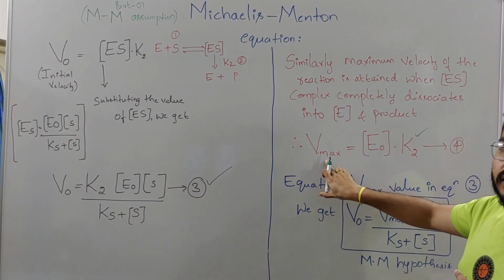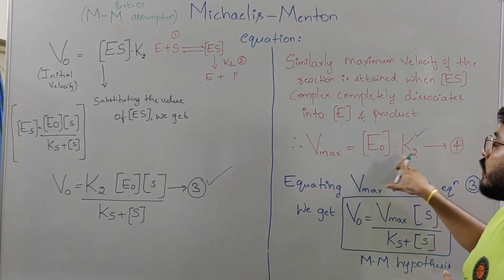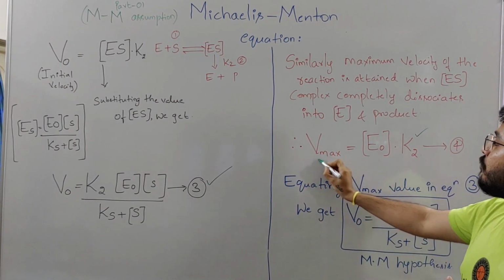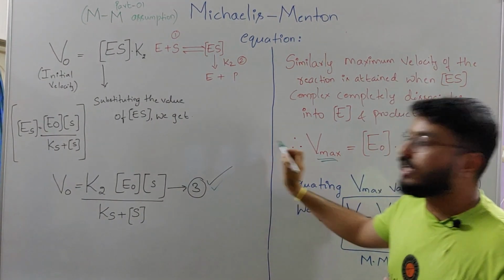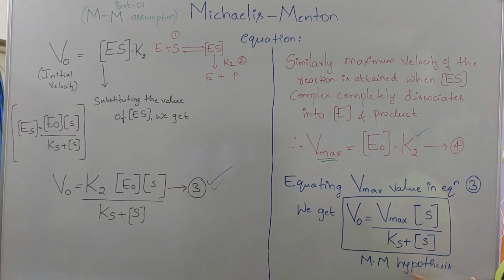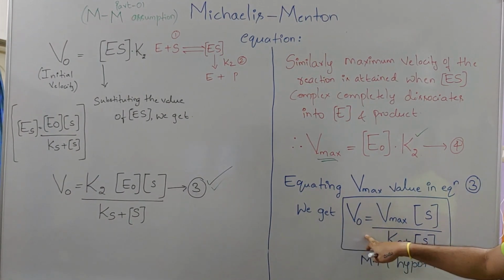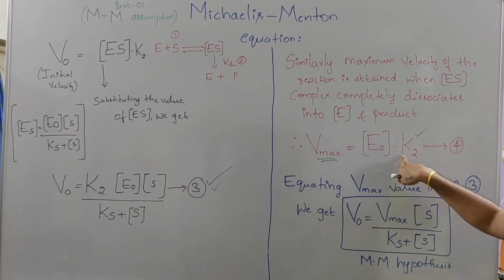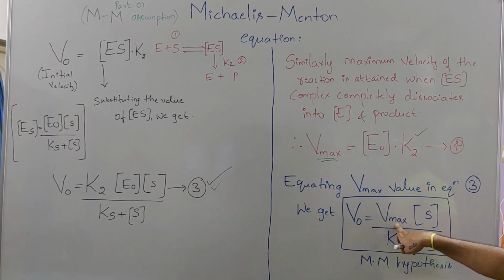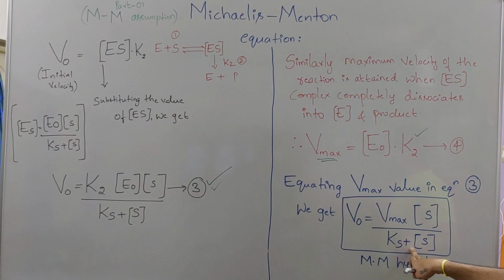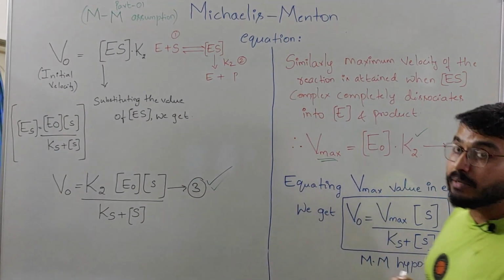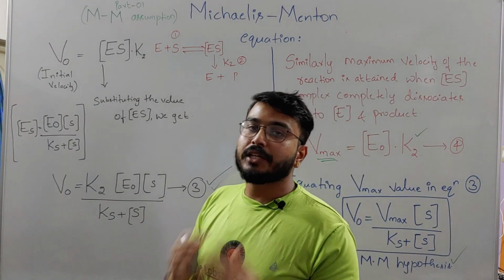Therefore, Vmax is equal to E0 into K2. Now, equating the value of Vmax in equation number 3, we get the Michaelis-Menten hypothesis, that is V0 is equal to K2 into E0, that is equal to Vmax into the substrate concentration divided by Ks plus the substrate concentration. So this is called the Michaelis-Menten hypothesis.